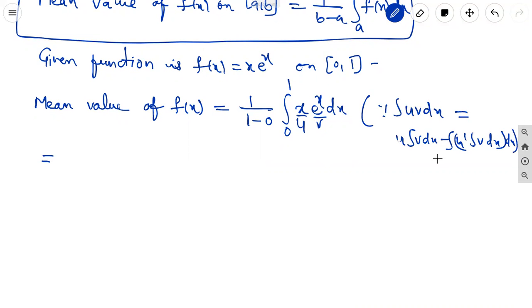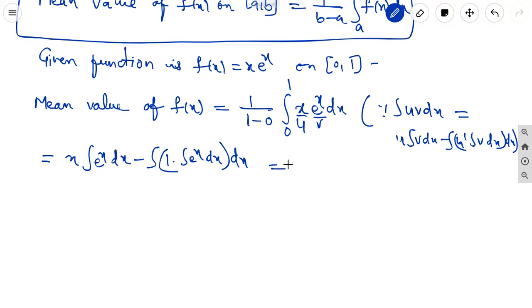Or you can take another formula also. Here u is x, integral e power x dx, minus integral u dash, x derivative is 1, integral e power x dx whole dx.